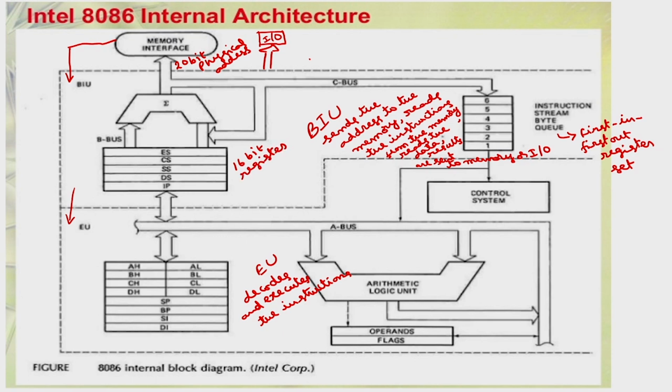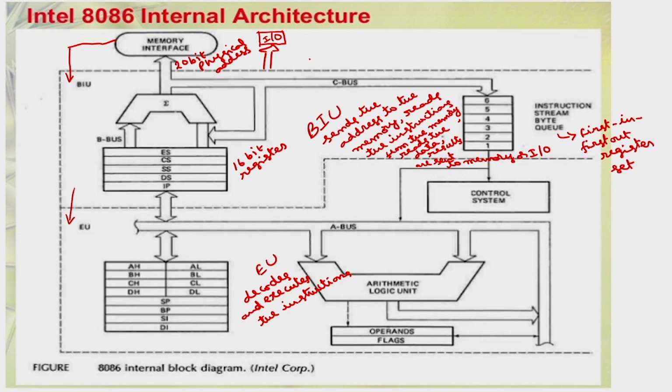So, to obtain this 20-bit physical address from 16-bit registers, we use this operation that I have already explained: the contents of the segment register times 10H plus the instruction pointer, base pointer or index pointer, depending upon the type of segment that we are going to use.